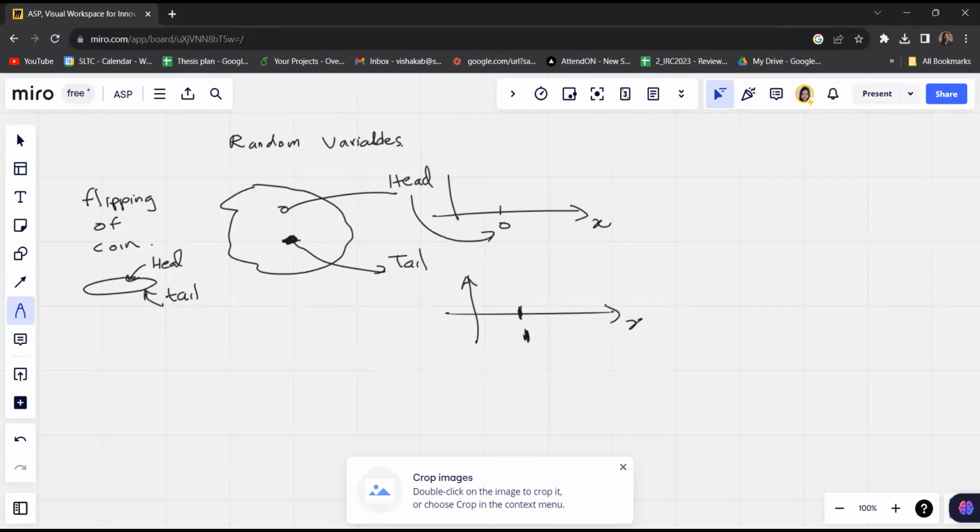This kind of experiment generates random variables. So the random variable can take 0 or 1, and in general it can take any real value.